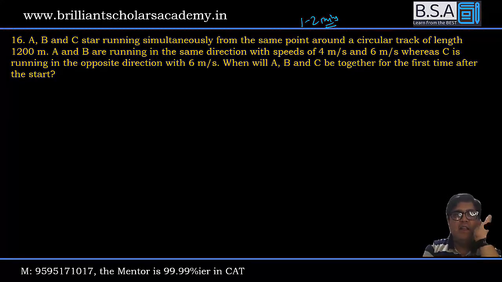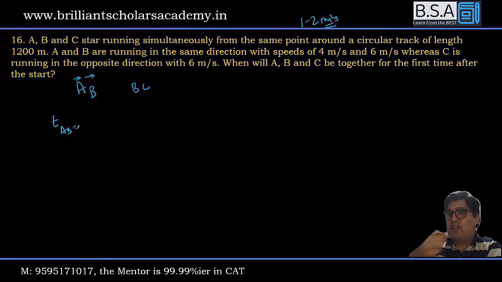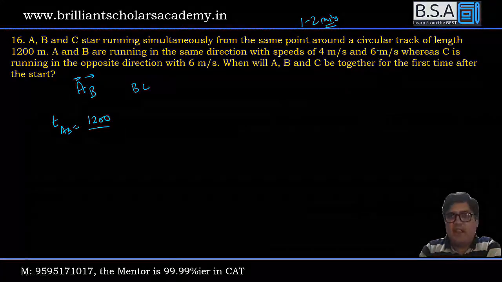Let us say I'm focusing on the pair AB and also on the pair BC. A and B are going in the same direction. So what is the time required for their first meeting? The time required is the length of the track divided by the difference of their speeds.